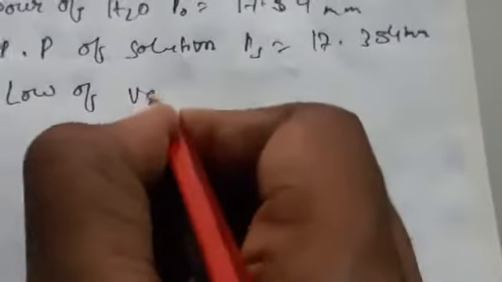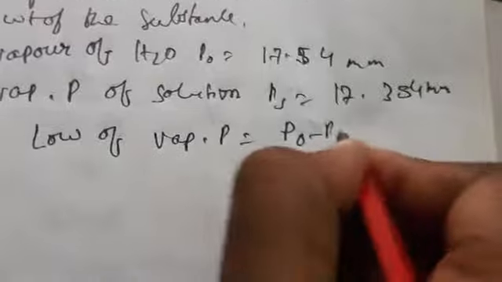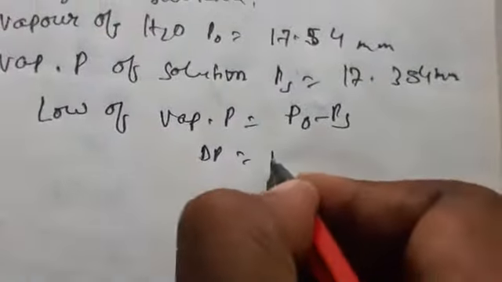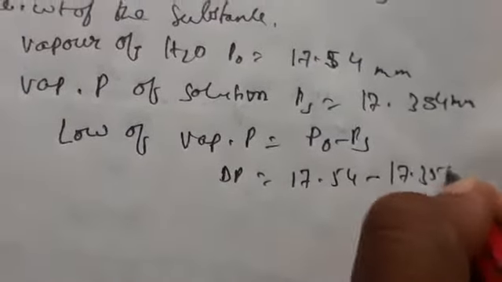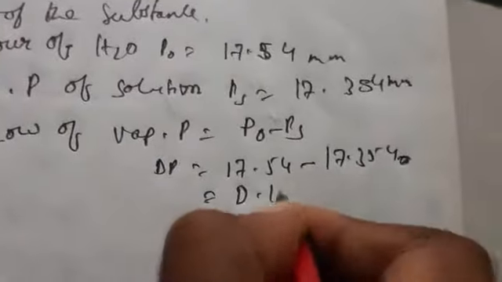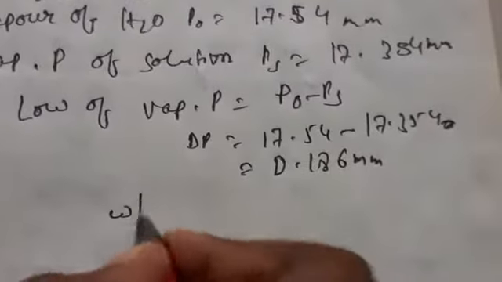Now lowering of vapor pressure, what is the formula? P naught minus PS, that is delta P, is equal to 17.54 minus 17.354. How much will you be getting here? 0.186 mm.